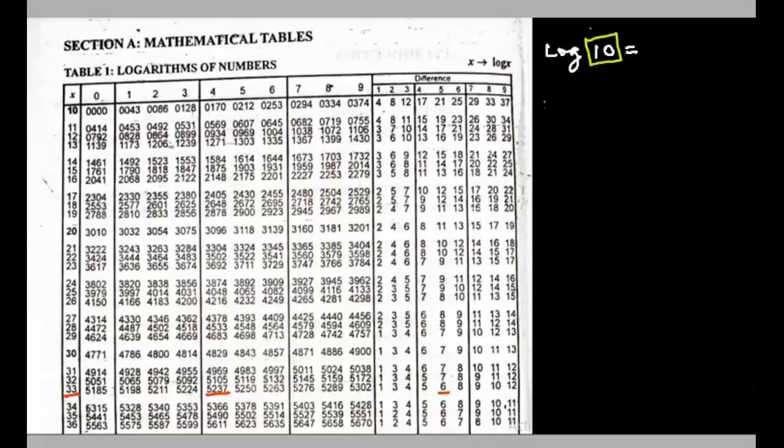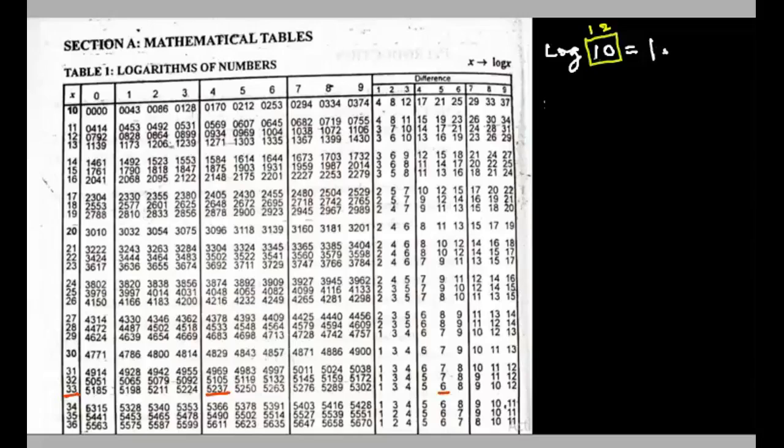Yes, 1 and 0. 10 has 2 digits. So, to get my characteristics, I will just do a minus 1. Since 2 minus 1 is 1, I have 1 point.